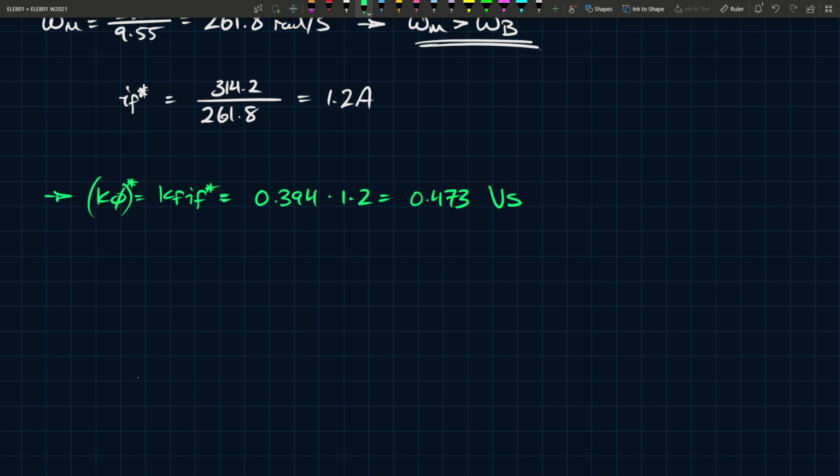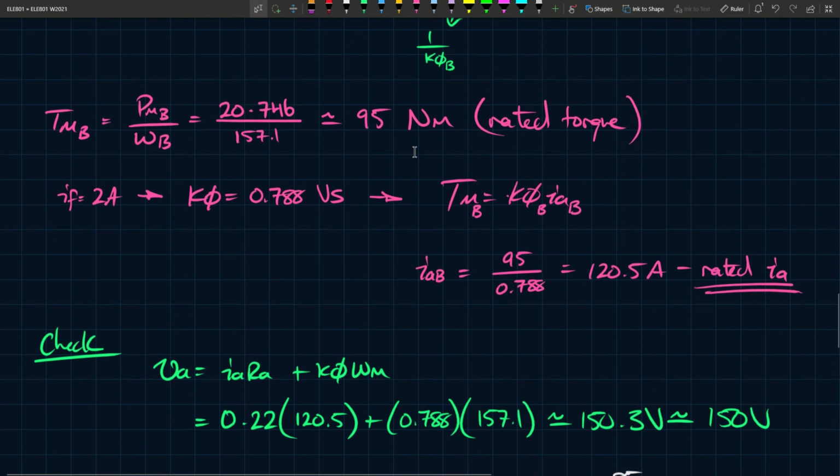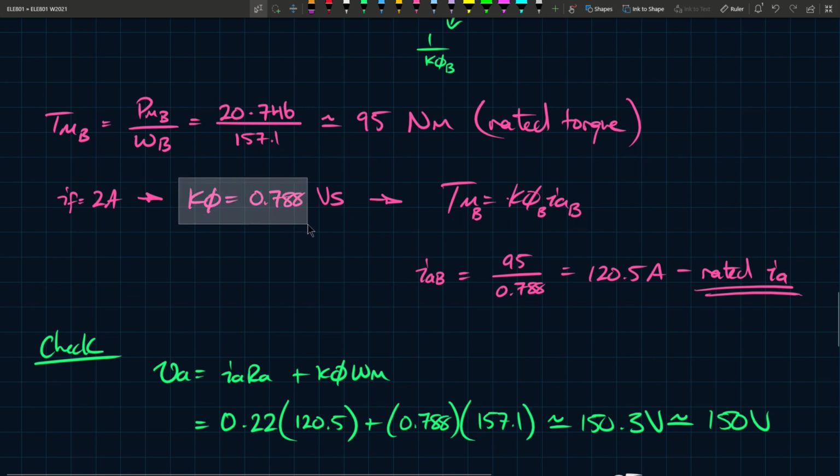Now, if you go back to the ideas that we proposed in the speed and torque control videos, you'll notice that we had this thing called field weakening, where we decreased the flux to increase the speed beyond certain values. That's exactly what we're seeing here. Initially, at rated conditions, Kφ was 0.788 at 2 amps.